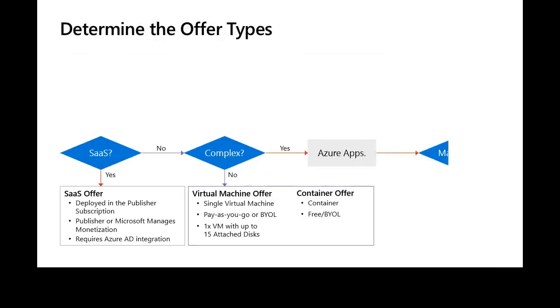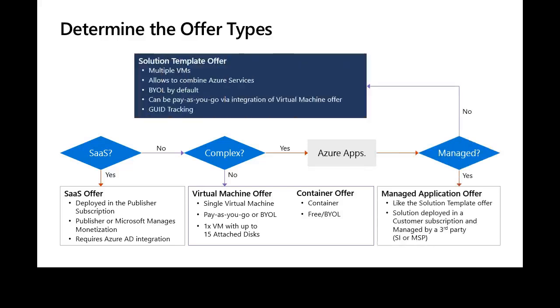Now, it's always hard to determine what would be the best offer type that will fit your solution. This little graphic gives you a 10,000-foot level of what that will look like. The way I like to think about how to bring solutions is, first, can my solution be delivered as a SaaS?